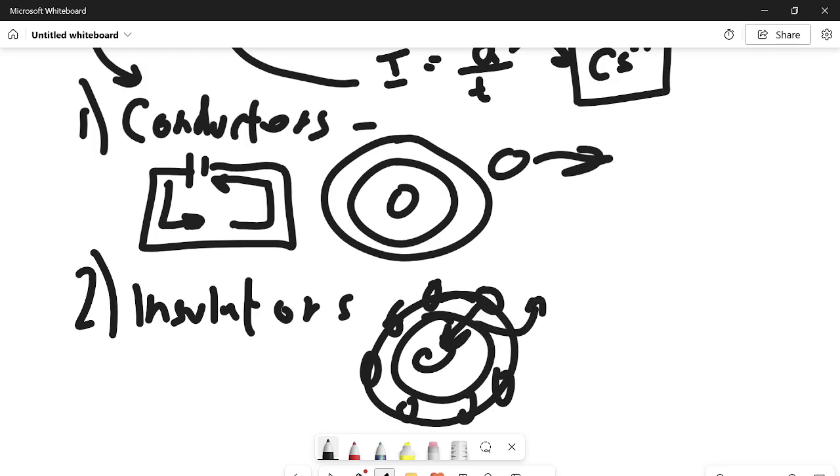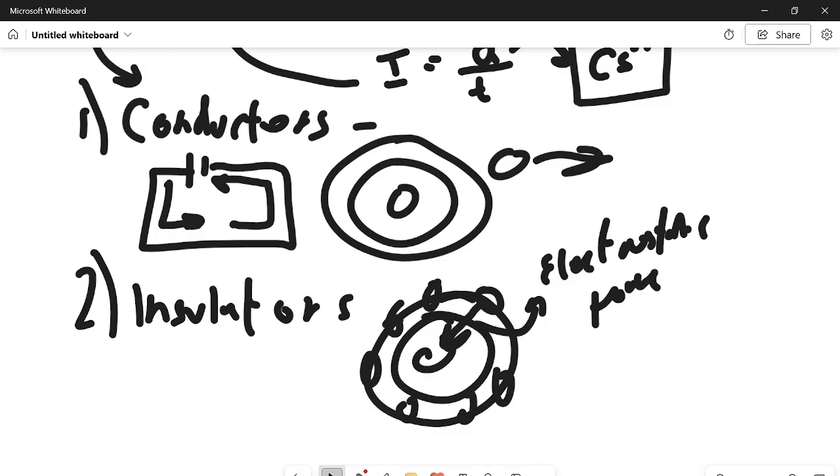So the electrostatic force that keeps the electrons close to a nucleus is very strong compared to the conductors. It could also be caused by the nucleus maybe having a lot of protons. That can really increase the electrostatic force, but you'll see that later when I talk about the electrostatic force and the formula. So we'll get into much more detail about that later on.